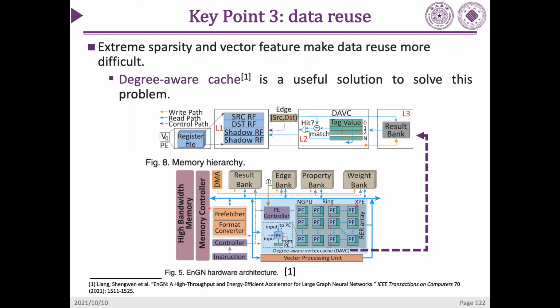By this method, we can greatly increase the average number of data reuses, as shown in the figure. It is the architecture proposed by GNN here. Each PE unit has an independent degree-aware cache, which greatly improves the data reusability and reduces the excess DRAM access.